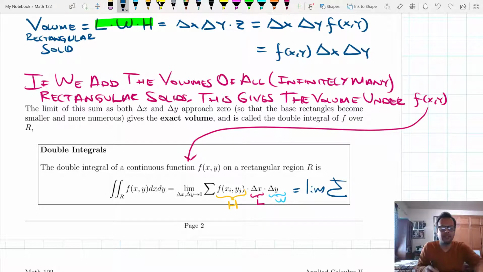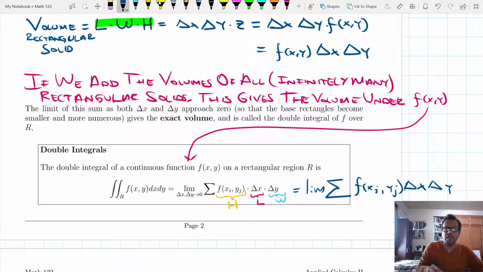Let me write the summation of f of x sub i, y sub j, delta x, delta y.